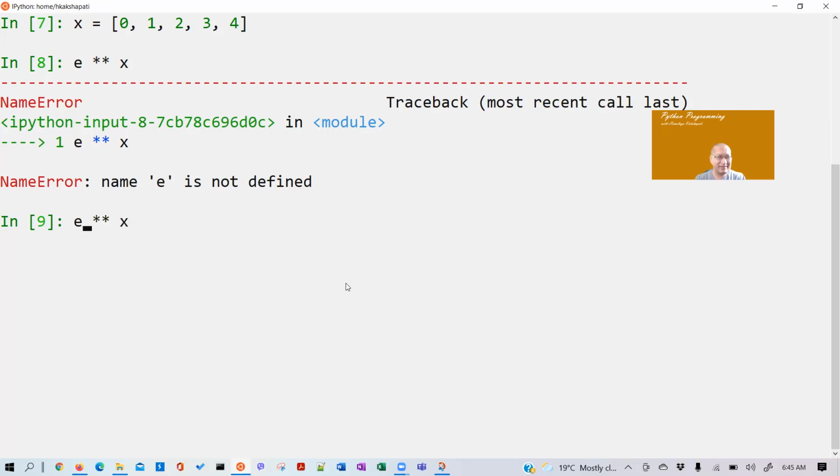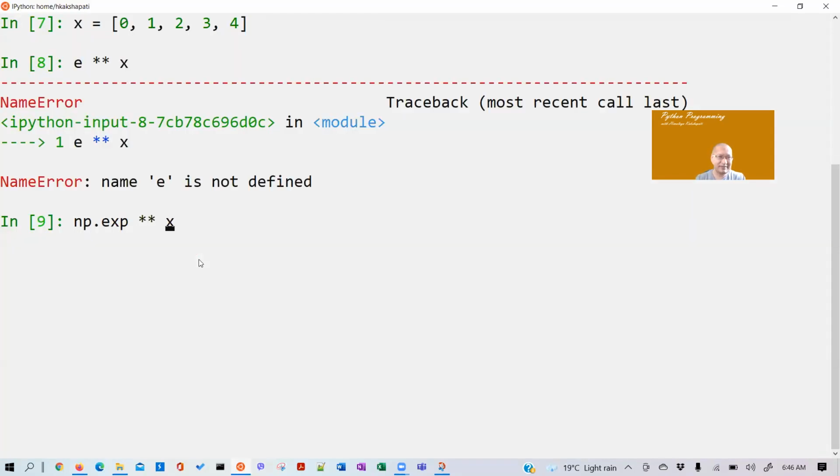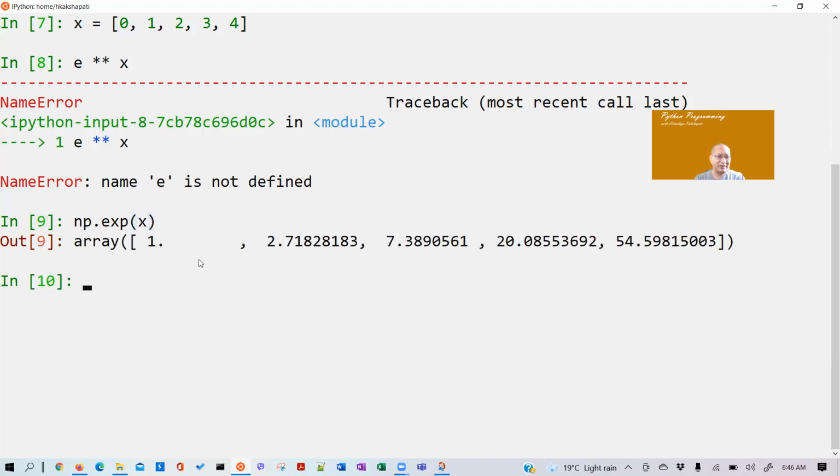This is the function exp of x. Right here, e to the power 0 is 1, of course, e to the power 1 is 2.718, and e to the power 2, e to the power 3, and so on.